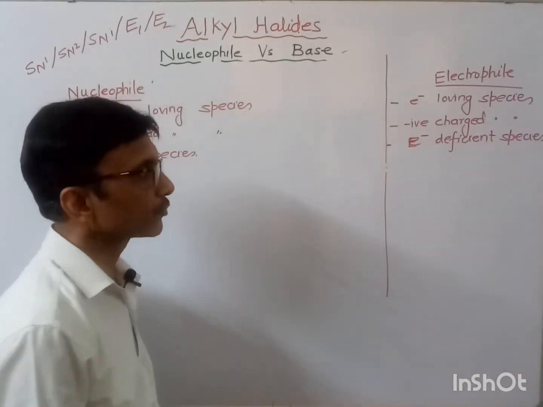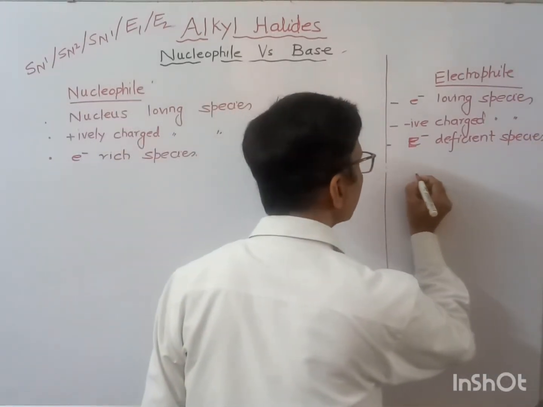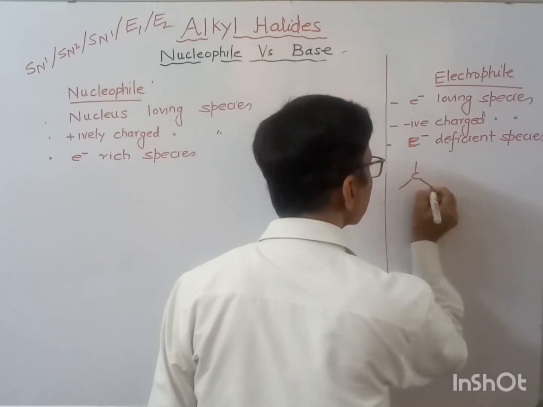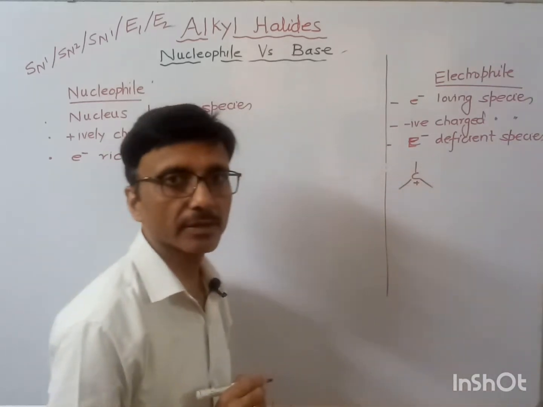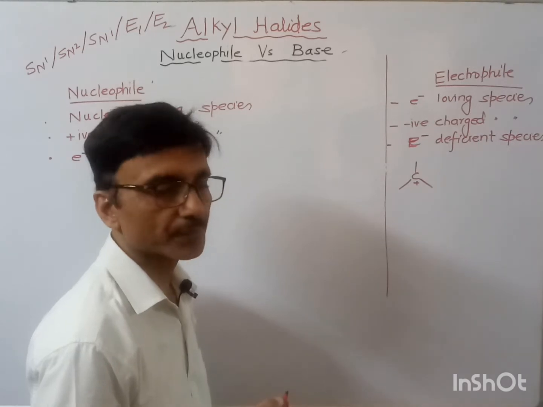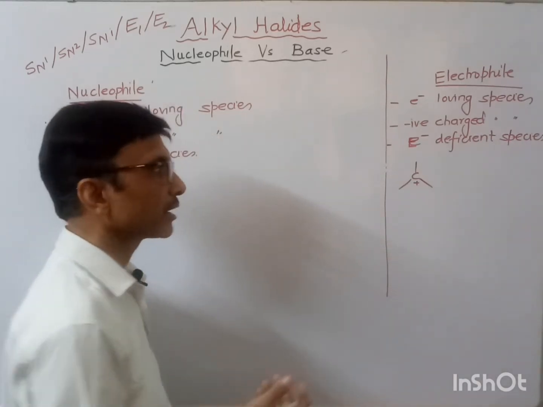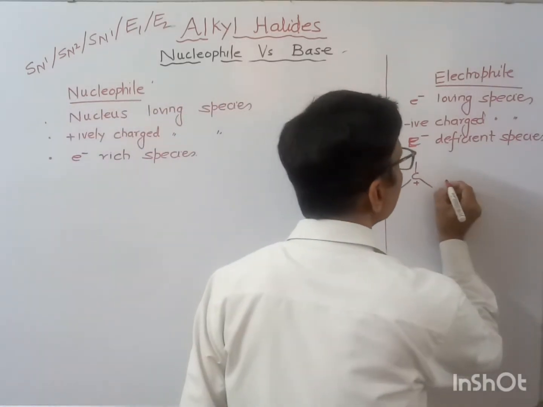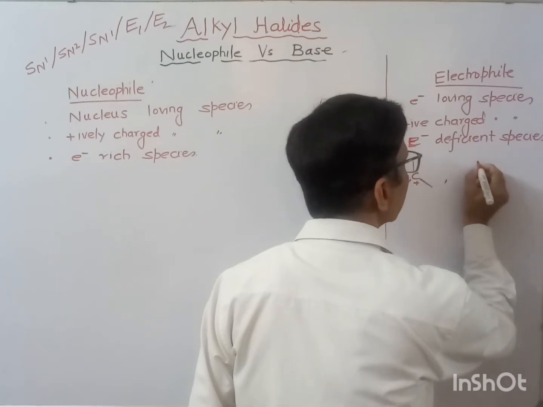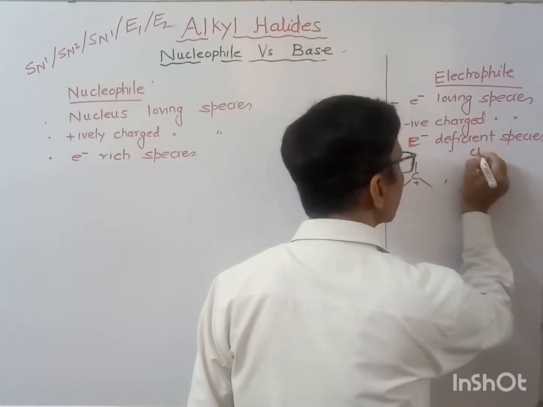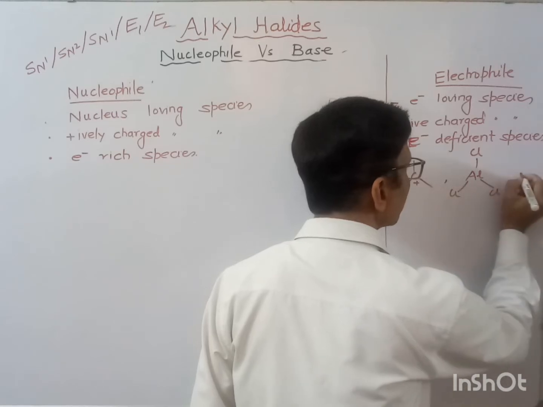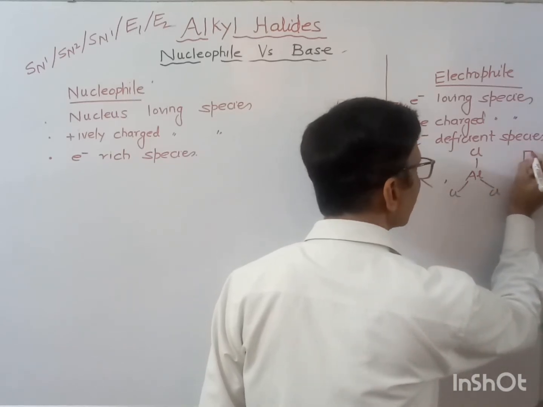So electron deficient species, for example, this tertiary carbocation, this is an electron deficient species, or secondary carbocation, primary carbocation, and some other electron deficient species, all of you know, like aluminum trichloride, boron trifluoride.